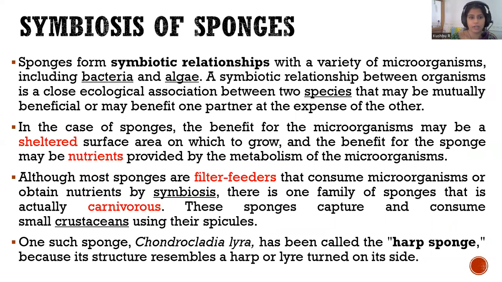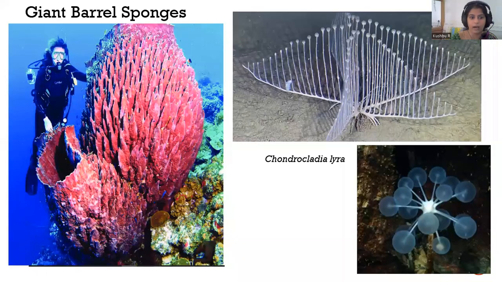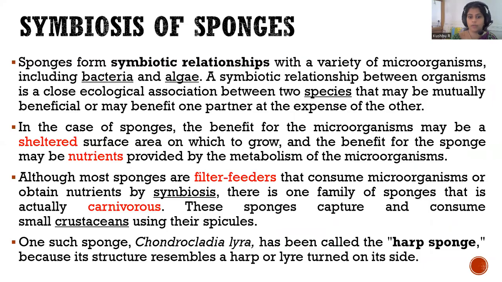The sea sponges are seen to be in a very good symbiotic relationship with amoebocytes. These amoebocytes and choanocytes together bring mineral nutrients to the sea sponges and give them in a utilizable form.